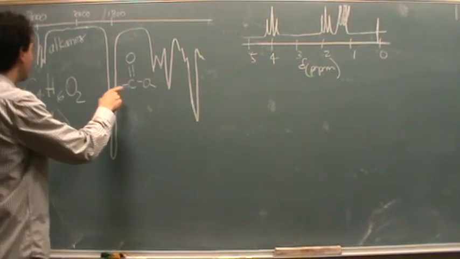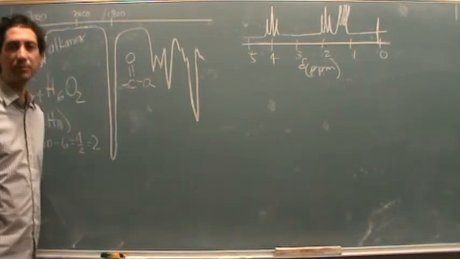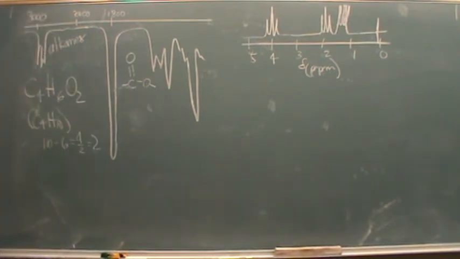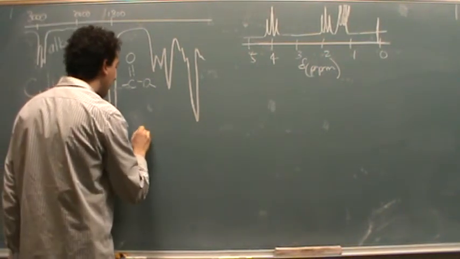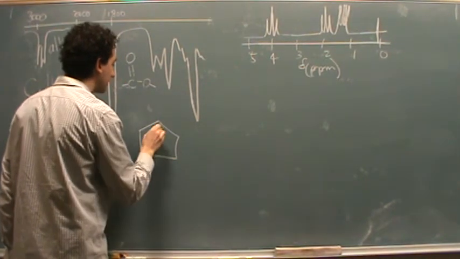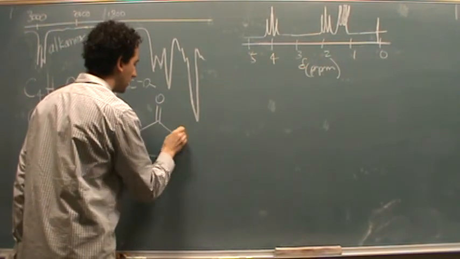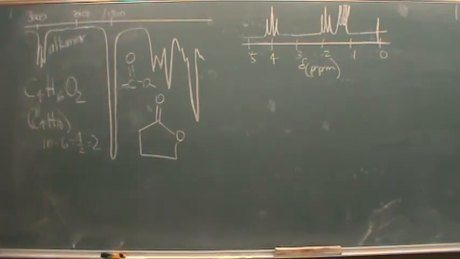So it looks like one member of the ring is probably the oxygen, and the other 4 members of the ring are these 4 carbons here. So I think, just from the IR, I think I'm dealing with this. Okay?